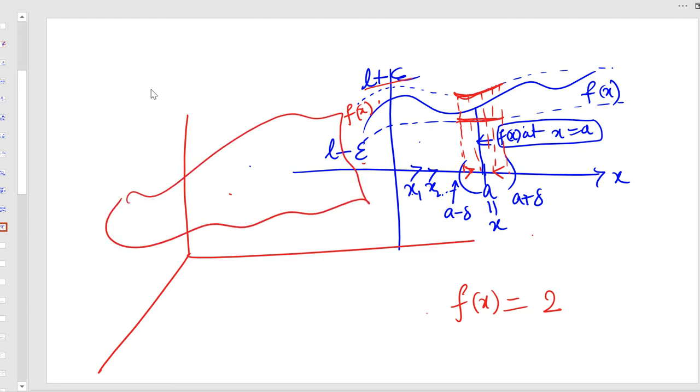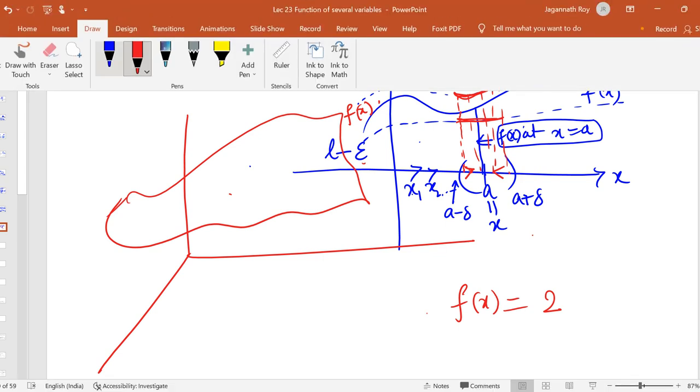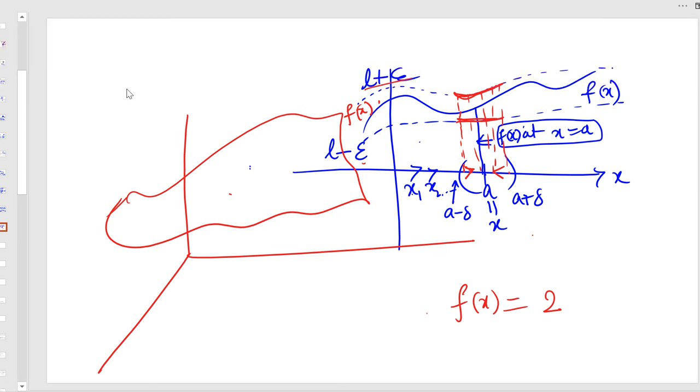For a constant function, mathematically you can define it, but if you try to plot it in a geometrical situation, you may get some difficulties. For example, y equals f of x equals 2.